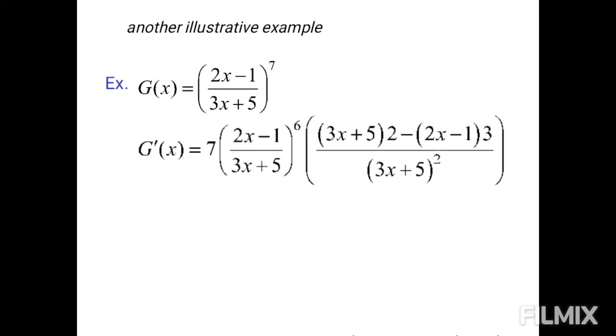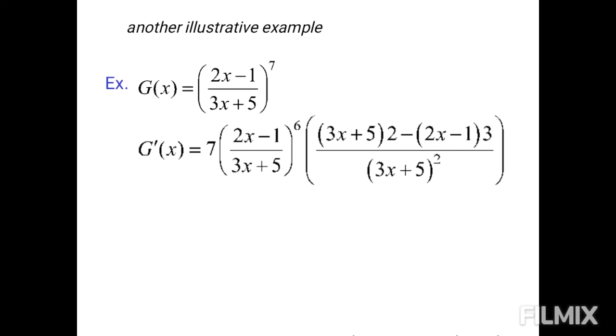Alright, let's have another example and put in some combination with the quotient rule of differentiation. Say we have g of x equals the quantity 2x minus 1 all over 3x plus 5, raised to 7. Of course, the first thing that we need to consider is the exponent 7.